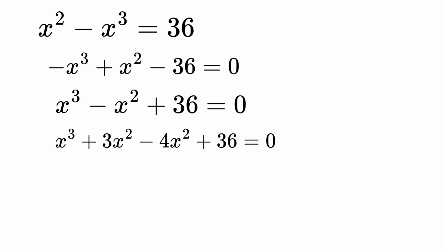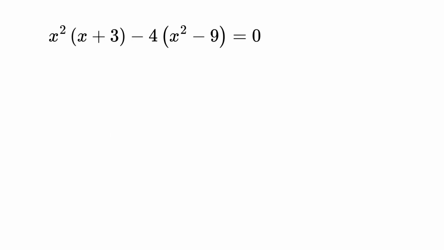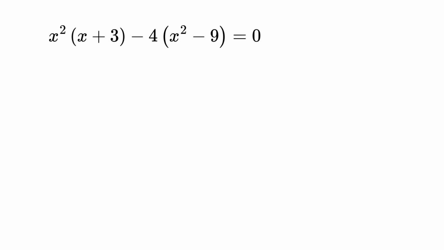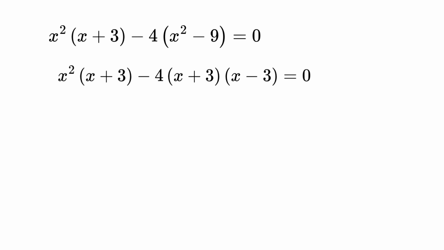Take x square common here, and 4 also common in the second term. So here in the second term, x square minus 9 we can write as x square minus 3 square. x square minus 3 square we can write as x plus 3 into x minus 3. So in place of x square minus 9 we can write x plus 3 into x minus 3.